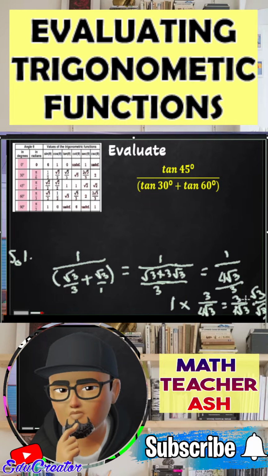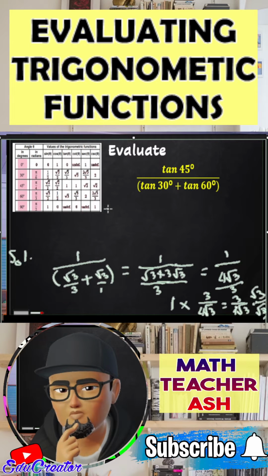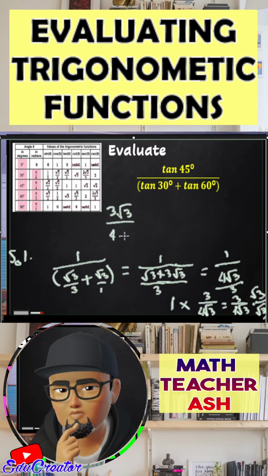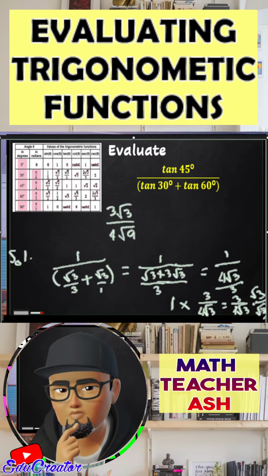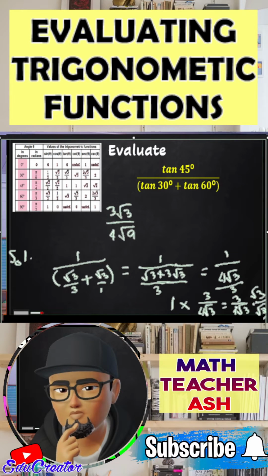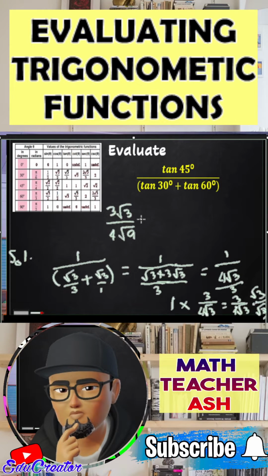If that is the case, then we will be multiplying 3 times square root of 3 in the numerator, giving us 3 square root of 3 over 4 square root of 3 times square root of 3, that will give us 4 square root of 9, because 3 times 3, according to the law of radicals, we can multiply the radicand by its radicand.